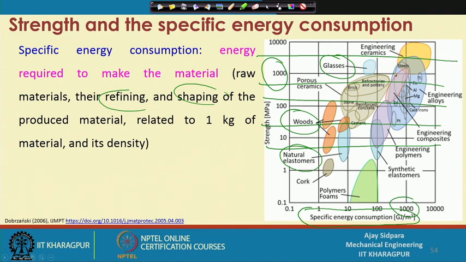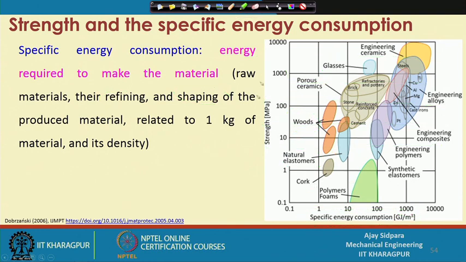So, this is the graph which will tell you at which particular location you have to stop, so that you can get the required results. But in general, the trend is going in this direction. This is the rule: if you go with high strength, your specific energy consumption is also high in this direction.